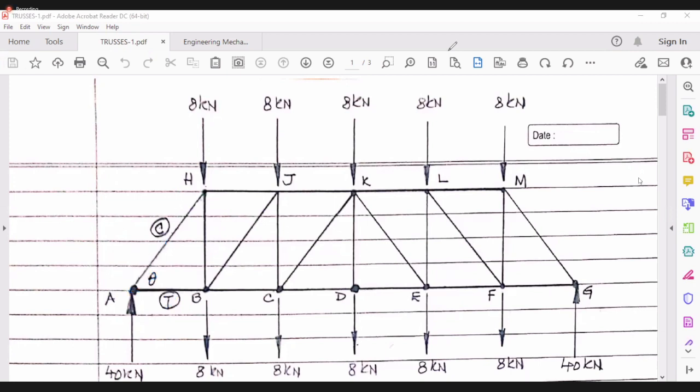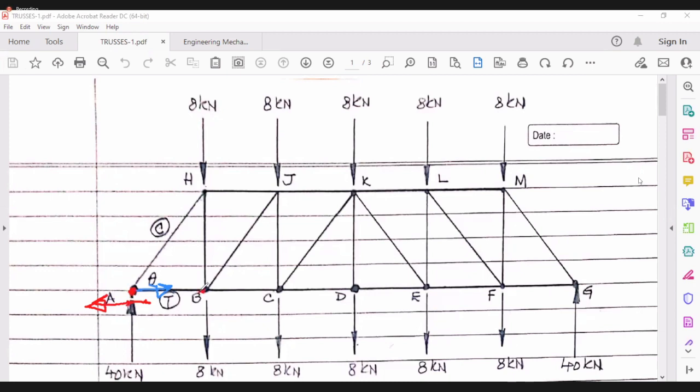If AB is pulling this point in this direction, then that point is pulling AB in the opposite direction. So point A is pulled outward.